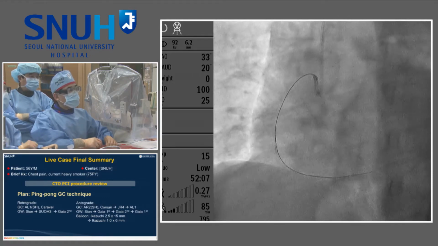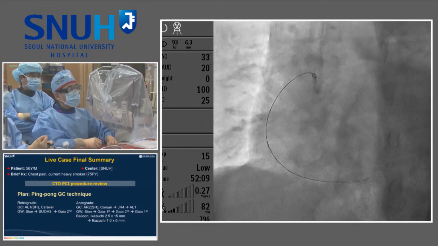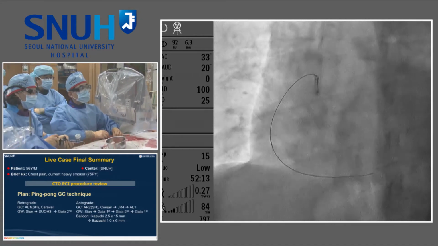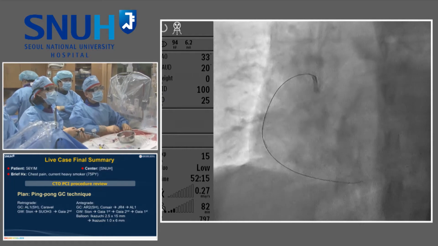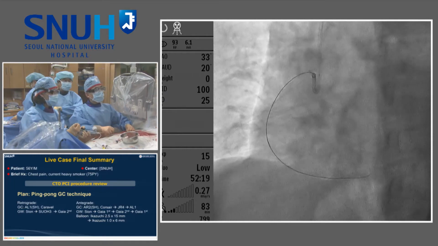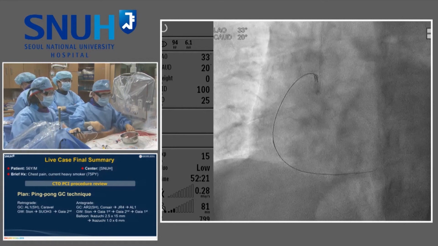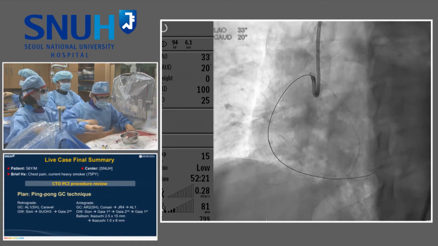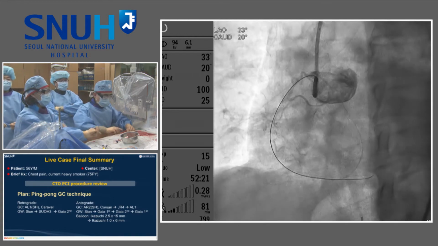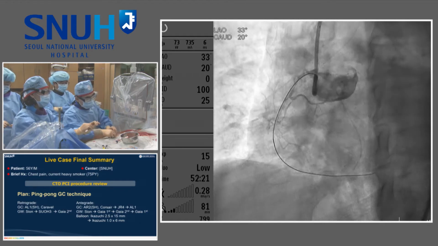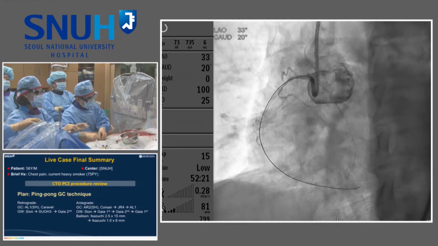So, Dr. Kim, I noticed that you have your own radial skirt. Is that some modification of your own? Can you show it to us when you finish all this? Yes, please. This is a kind of half drum made of lead to protect the whole body, including the ankle.